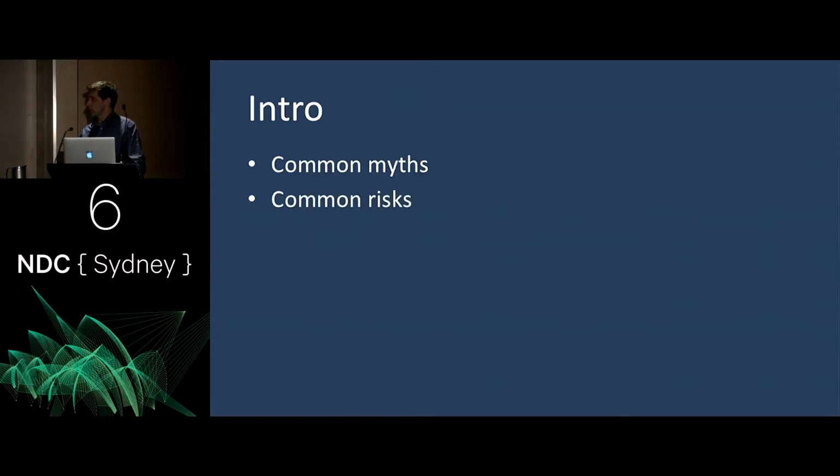Then we'll go through some common risks, looking specifically at the OWASP top 10 and focusing on a couple of those. Then we'll have some example hacks, which of course will go perfectly smoothly and nothing will go wrong. And for each of those, I'll look at some mitigation strategies and how you can protect your apps against that kind of attack.